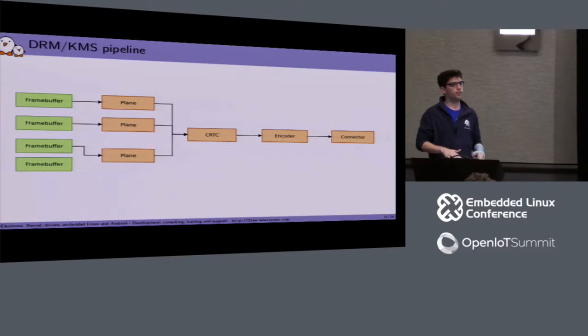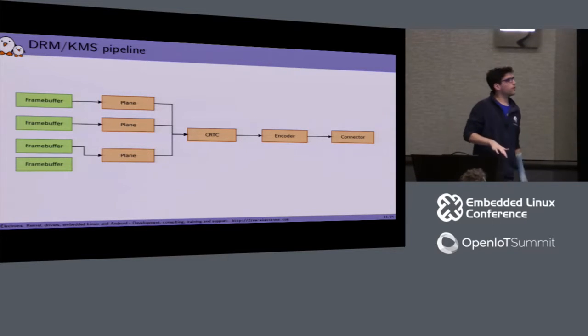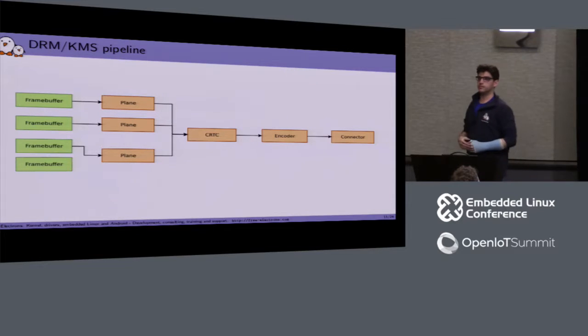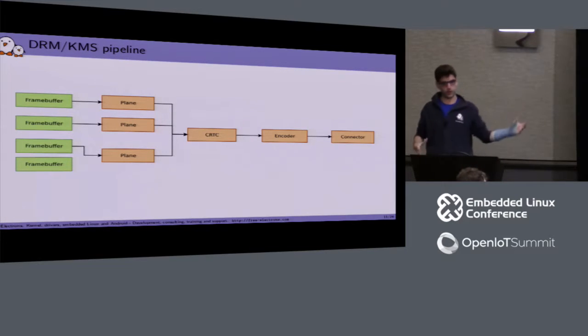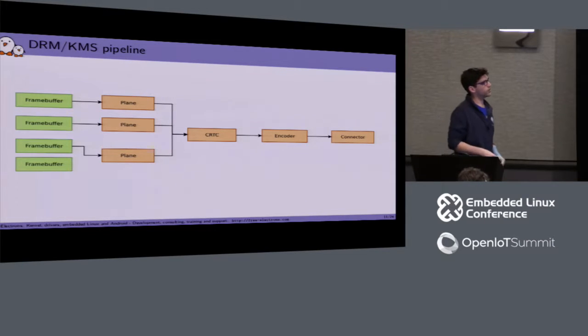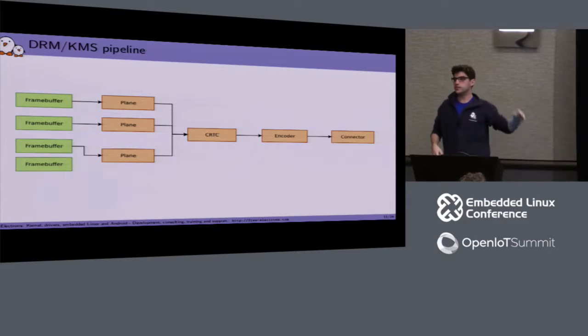All of these planes are assembled and muxed together by the CRTC on your system, which will generate a raw image coming from these planes and pass this image to what's called an encoder. Once again, you can have several CRTCs, several encoders, several connectors in your system.